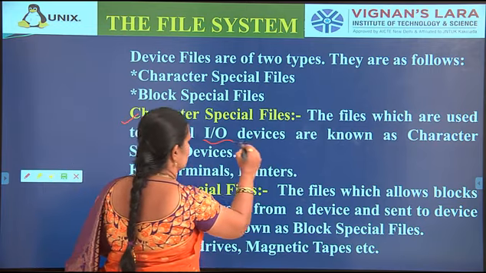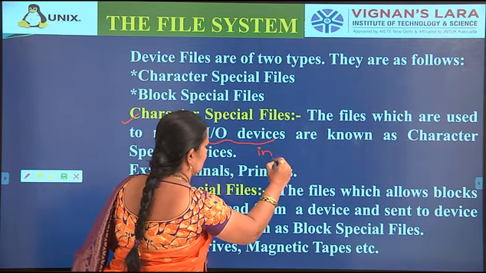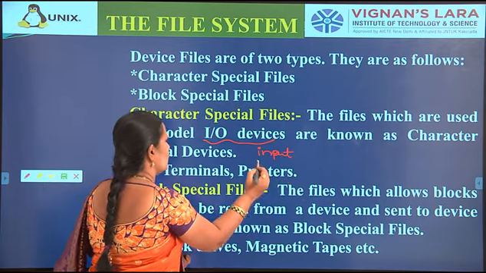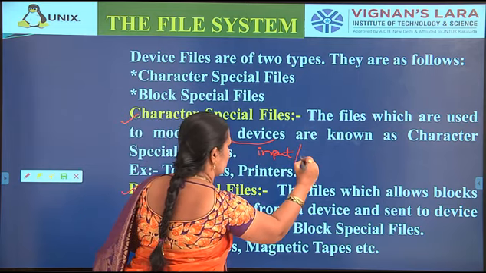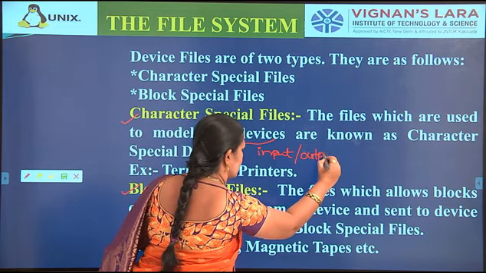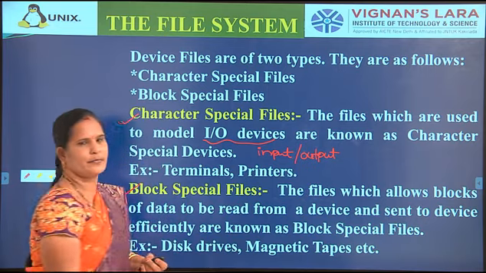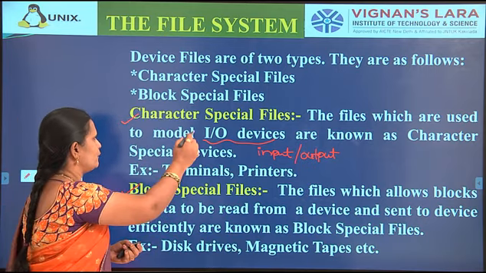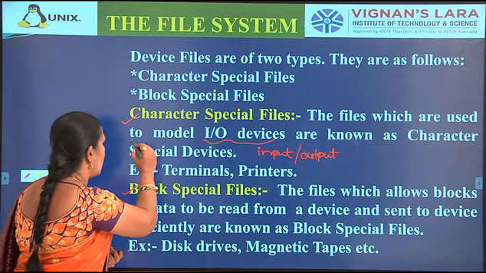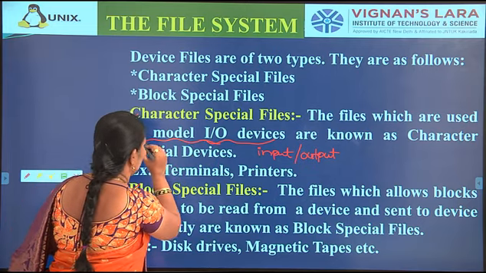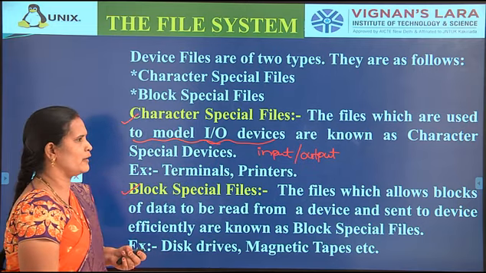I/O devices means input-output devices. The files which are used to model input-output devices are known as character special files. That is the main feature of character special files.